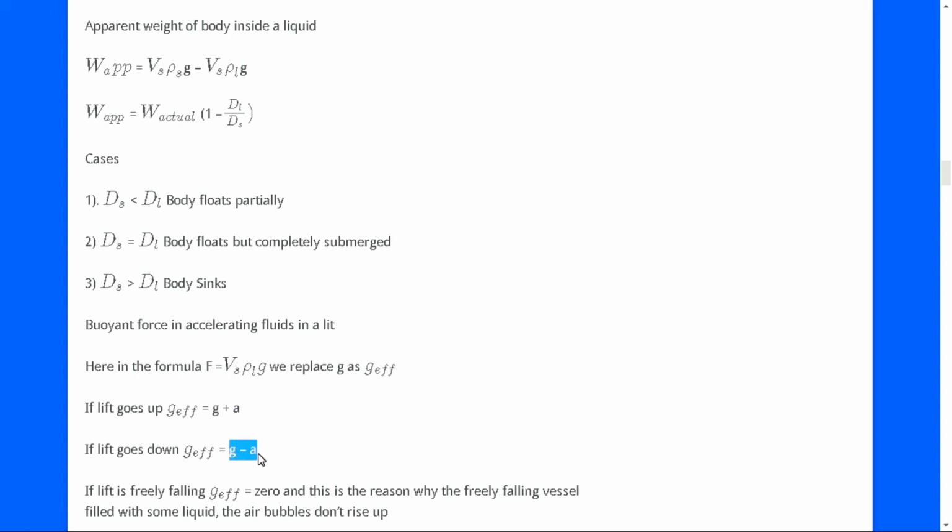And if the lift is freely falling, then g effective is 0. That is the reason why in a freely falling vessel filled with some fluid, there are no air bubbles, because the lift is freely falling and g effective is 0. So the buoyant force is also 0.